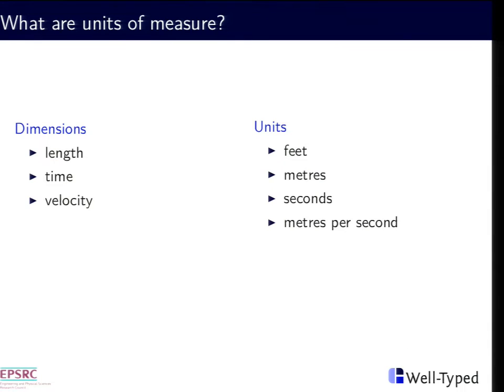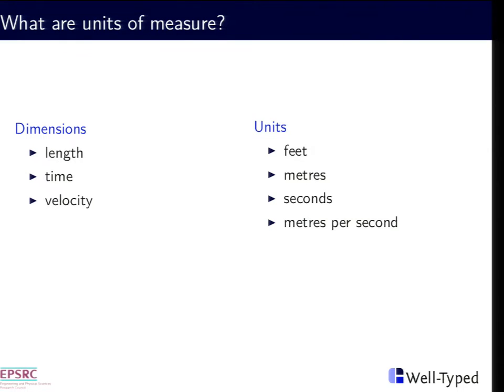So to start off with, let's talk about units of measure. And I imagine most of you have used units at some level. These are things like feet, meters, seconds, or more complex forms like meters per second. And just to get the contrast, the things these measure are called dimensions, so length or time or velocity.